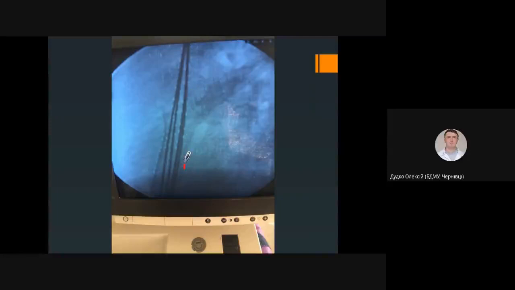Actually, this is a normal contour of the head of the humerus. It was restored. It is located in the acetabulum, and there were some K-wires that were inserted through the joint, through the acromion, into the humeral shaft to fix this fracture.